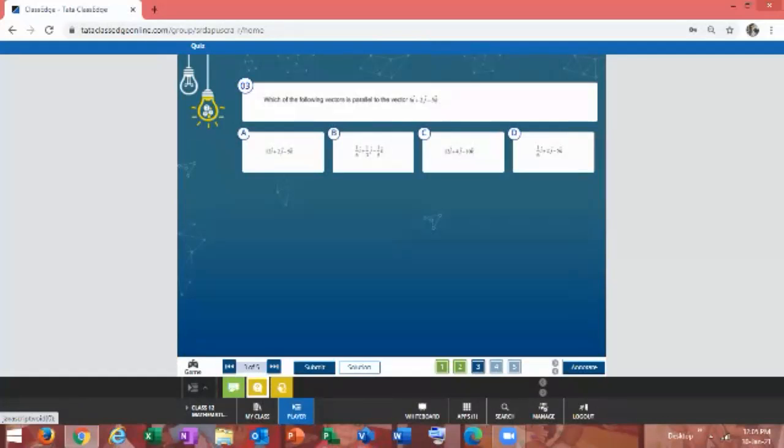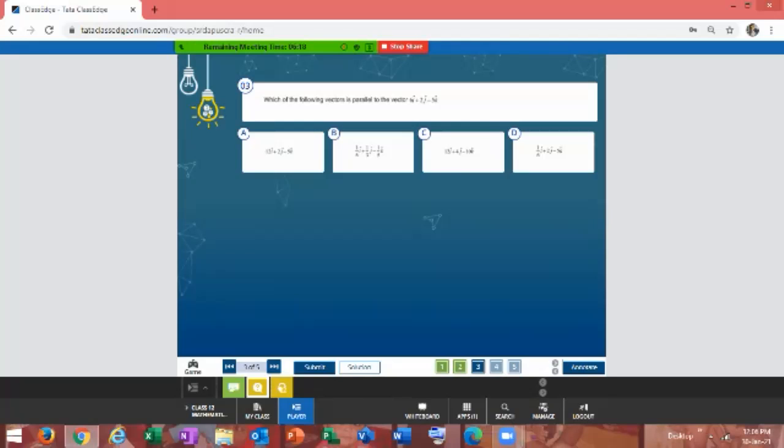I suppose you all students know that if two vectors are parallel, then vector r1 equals lambda times r2. Then which one is correct? Let's check once. If two vectors are parallel, then one vector is the scalar product of the other vector. So you will have to use that property only to get the answer. Tell me which one is correct.